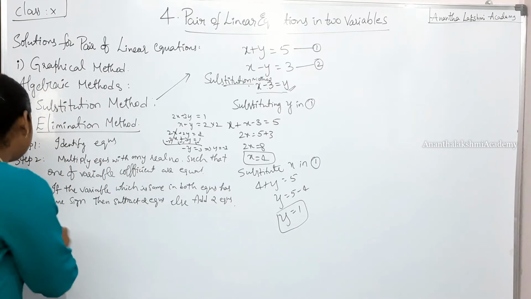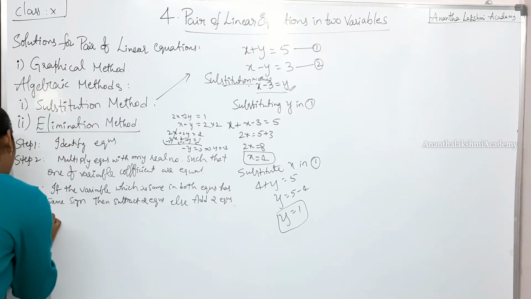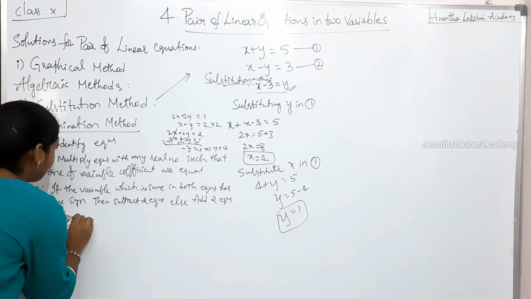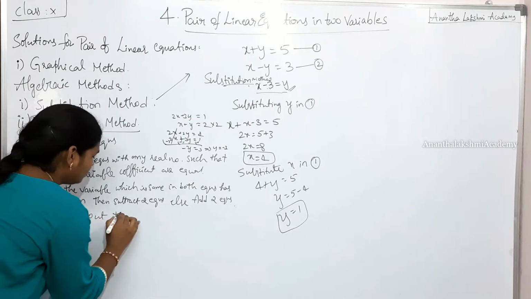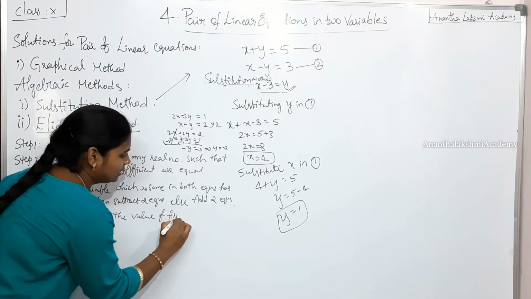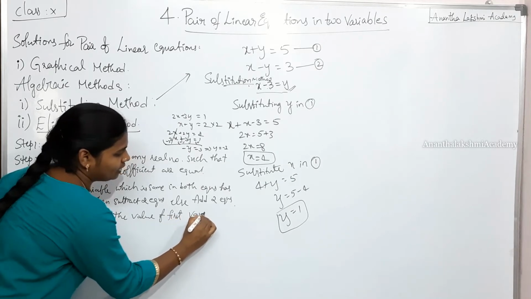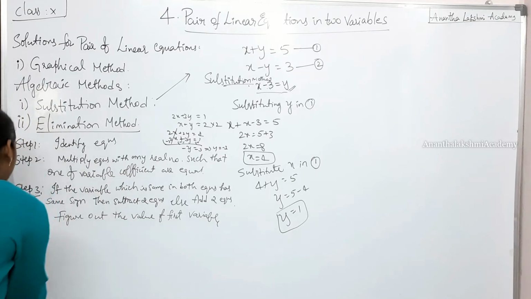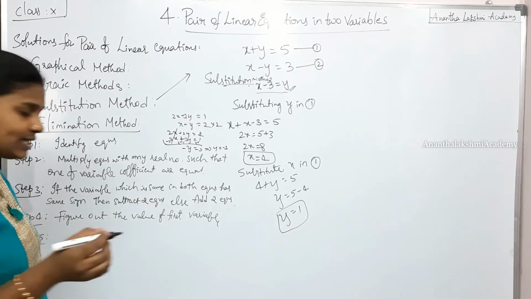Now when you add or subtract them, figure out the value of the first variable. Either it may be x or y, whatever you wanted to extract. Since x got cancelled, now you got the value of y. Now once you get to know the value of y, how do we figure out the value of x?